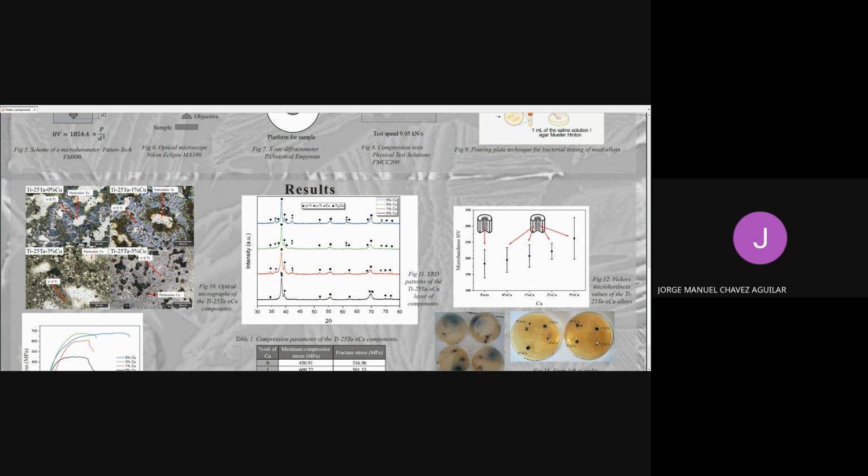This precipitation was increased with the copper addition. The precipitation of this intermetallic is studied because it has proved good antibacterial properties, good antibacterial activity, even more than elemental copper.